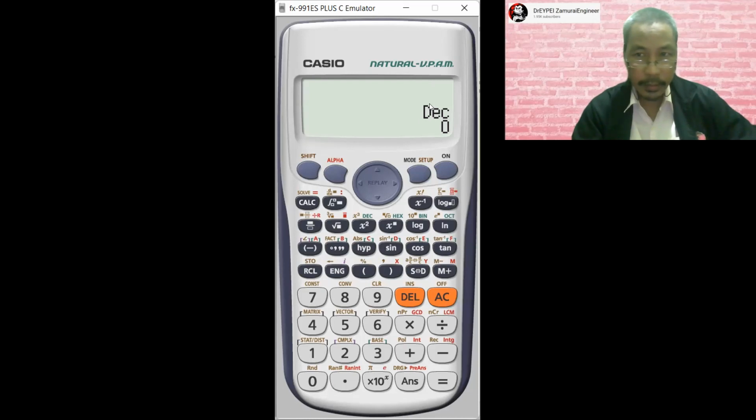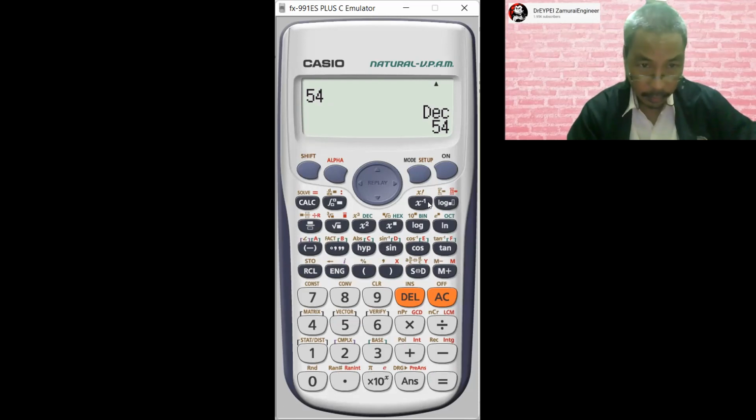And then, when we are in the decimal, you have to input the number and then equals. So it will become decimal 54. But our calculator cannot be used with decimal point, no? So this calculator is only for integers.